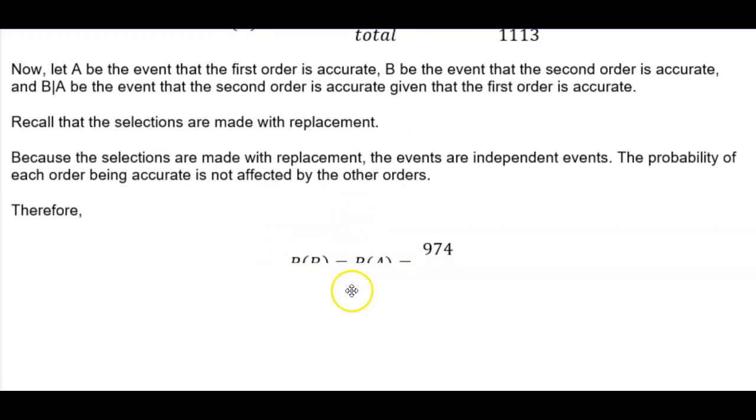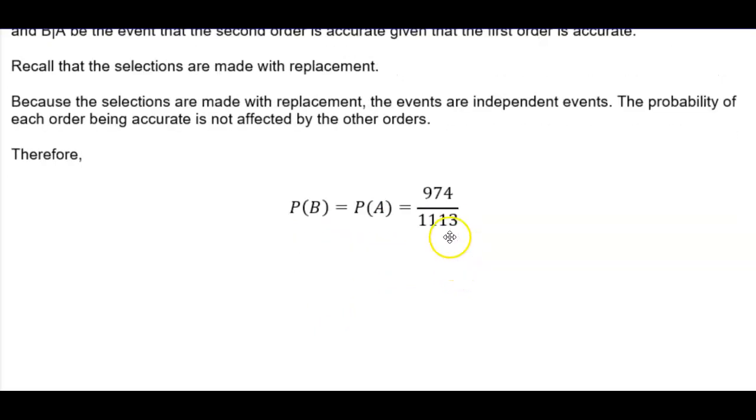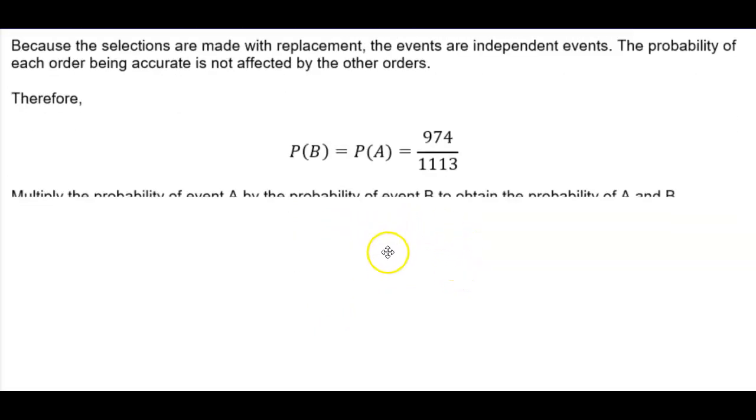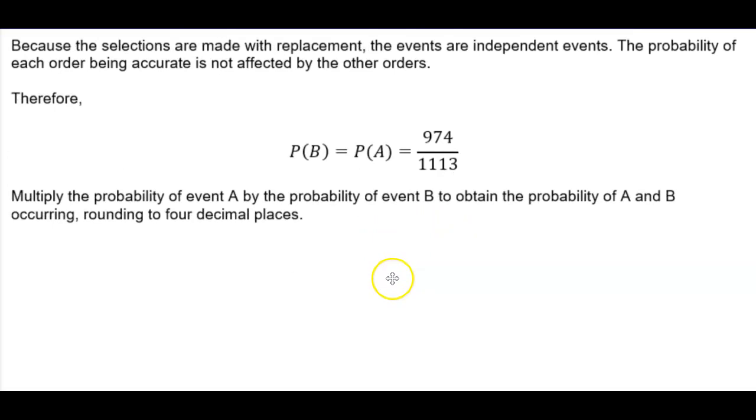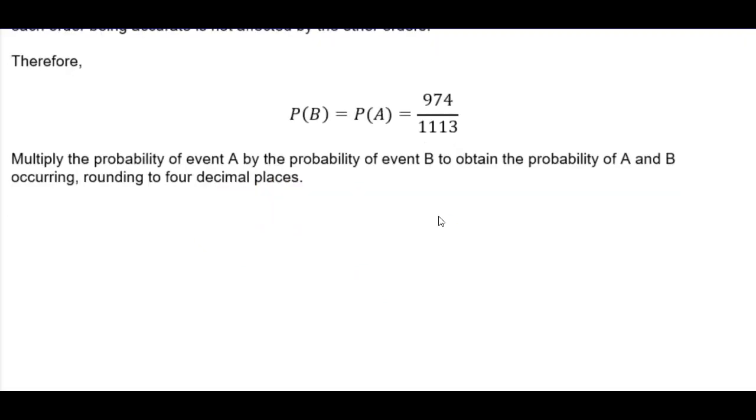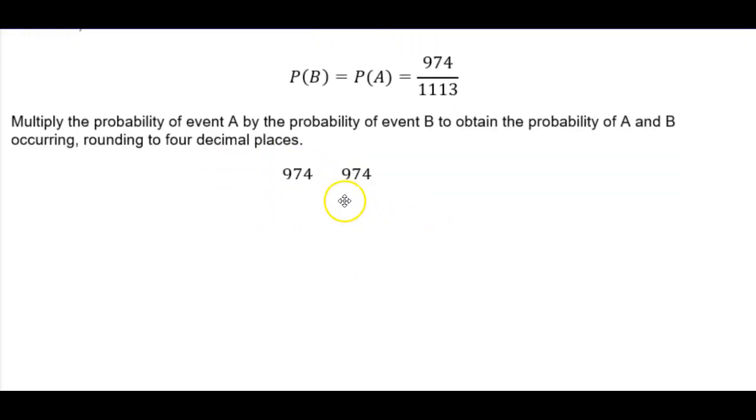Therefore, we would say that the probability of B is also equal to the probability of A, which is 974 over 1,113. Now what we're going to do is multiply the probability of event A by the probability of event B to obtain the probability of A and B occurring, and then rounding it to 4 decimal places.